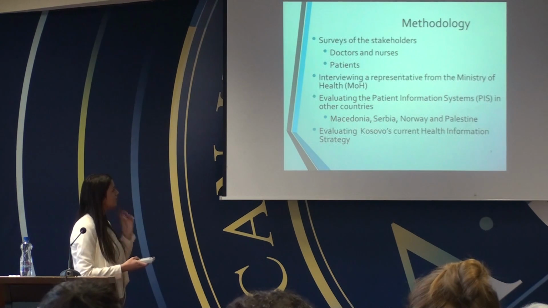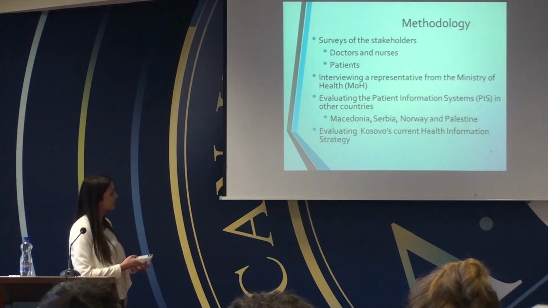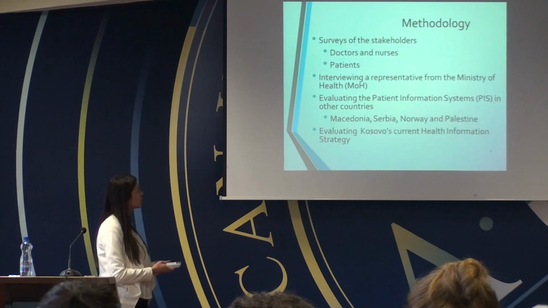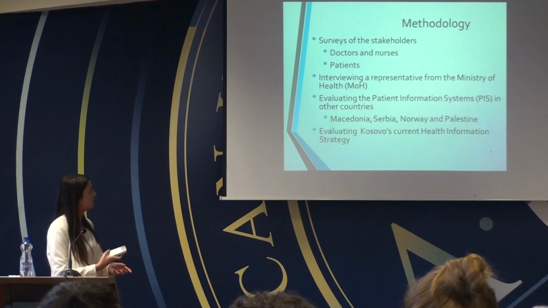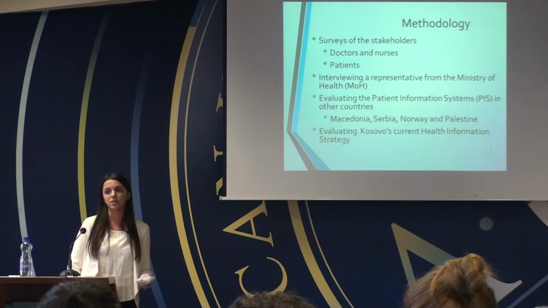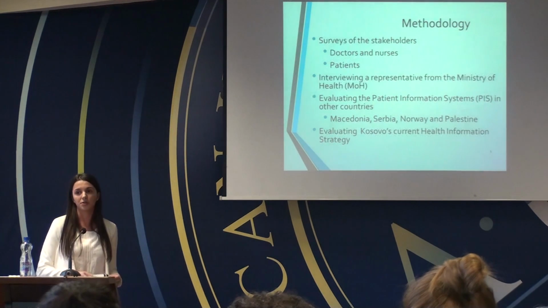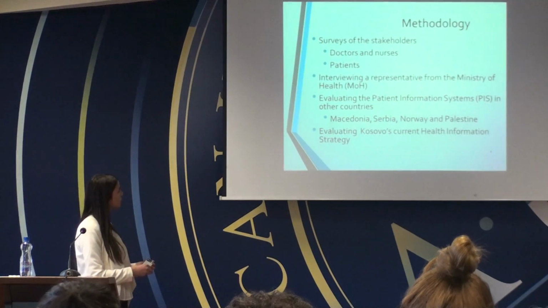In order to pinpoint the functionalities of the patient information system that is to be applied in Kosovo, for this research, surveys were conducted with the stakeholders, namely doctors, nurses, and patients. Doctors and nurses were surveyed through the help of contact persons in each of the 7 major hospitals throughout the 7 cities in Kosovo.